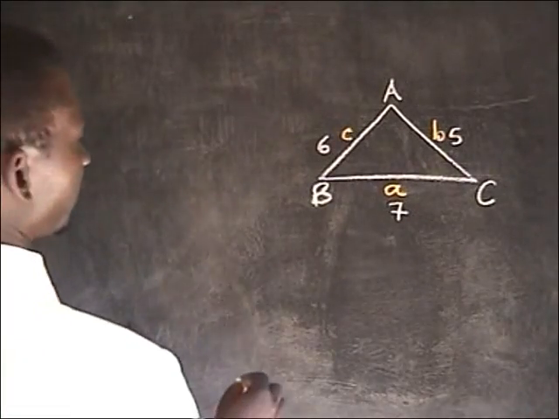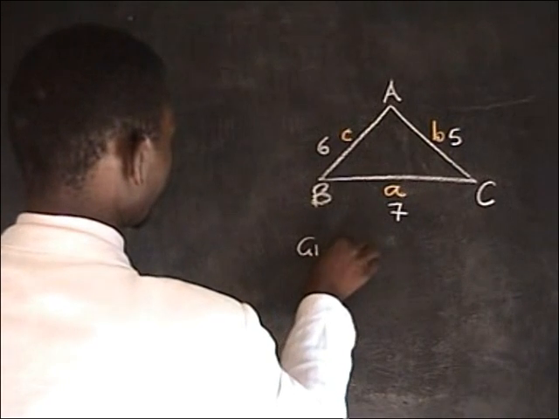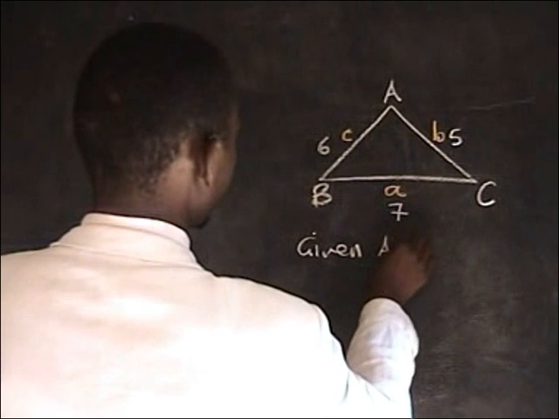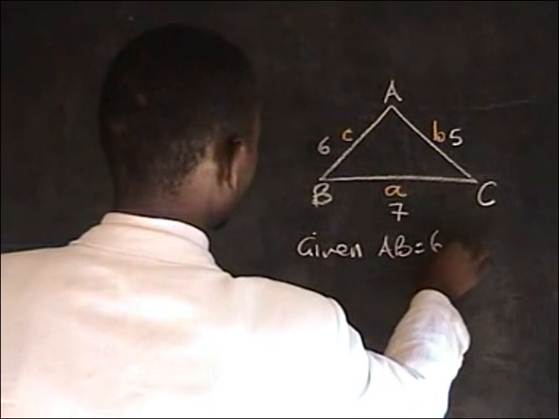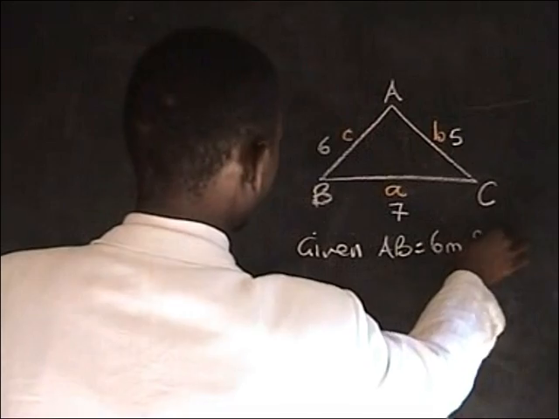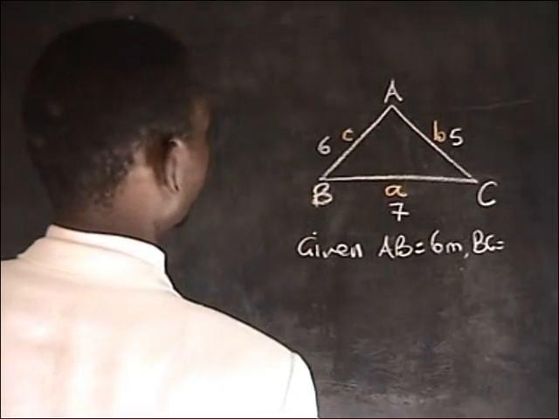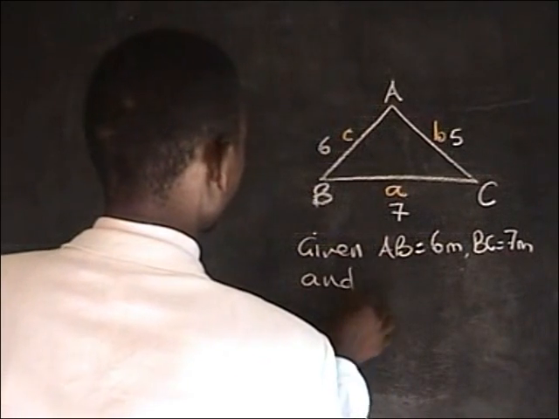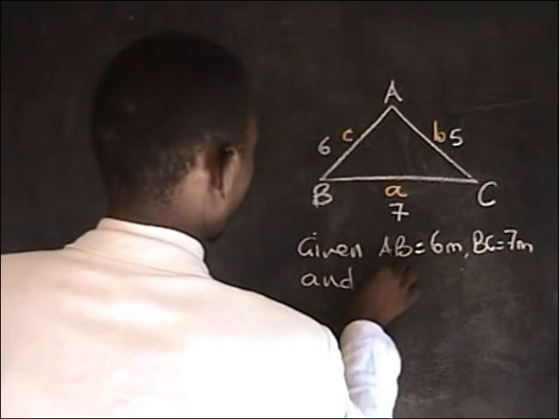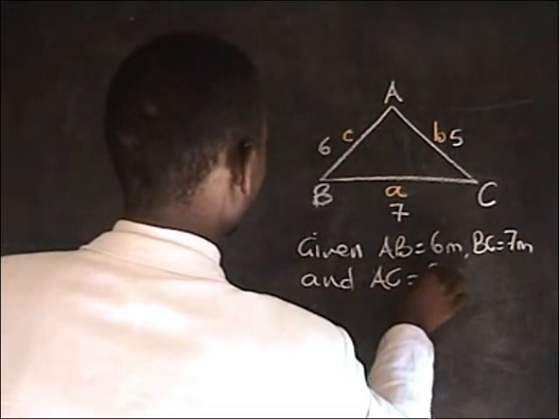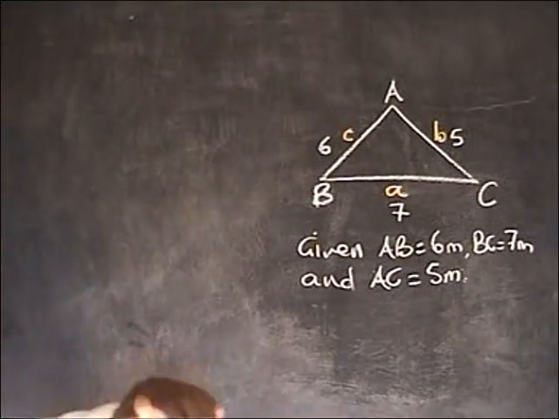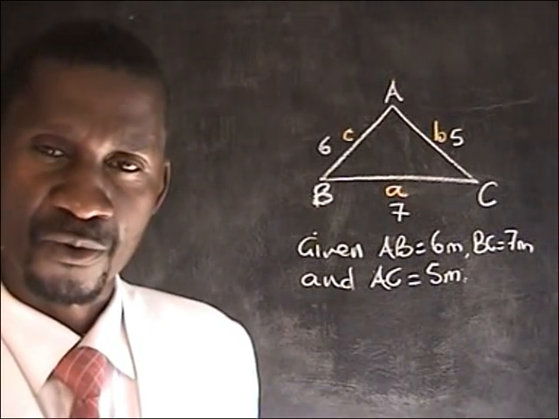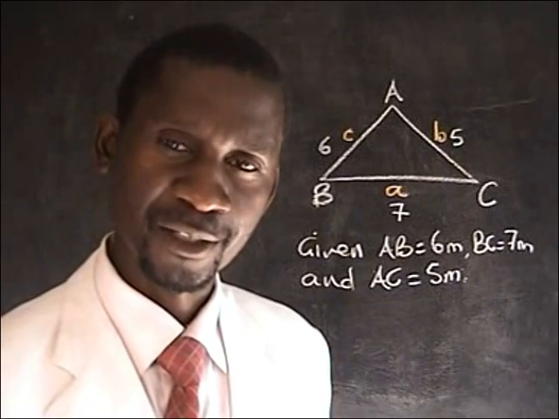So what you have been given is AB equals 6 meters, BC equals 7 meters, and AC equals 5 meters. So all the 3 sides are given. That way you should stand a chance of finding one of the 3 angles.